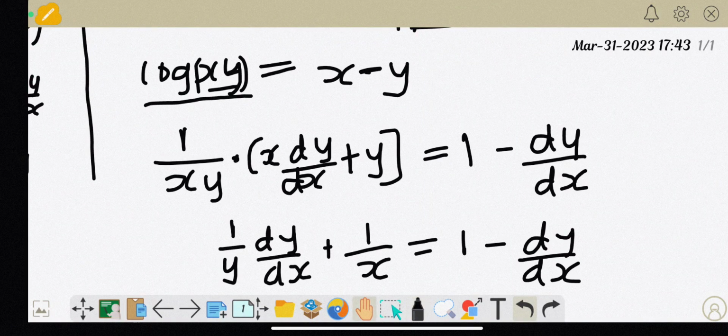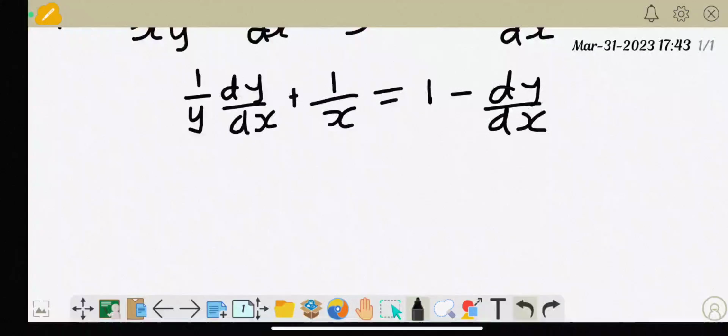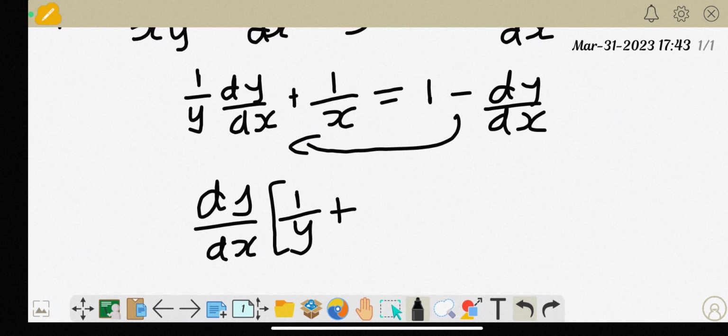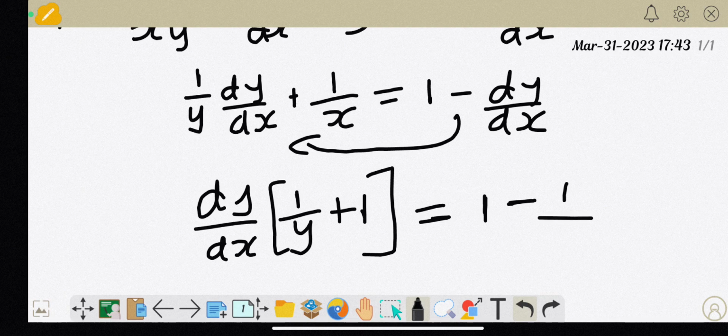So next what you can do, take the dy by dx term common. So dy by dx, if you take it common, 1 by y, and this when it goes to this side, it will be positive, so plus 1. There is no coefficient, so the coefficient is 1, which is equal to 1 minus 1 by x.